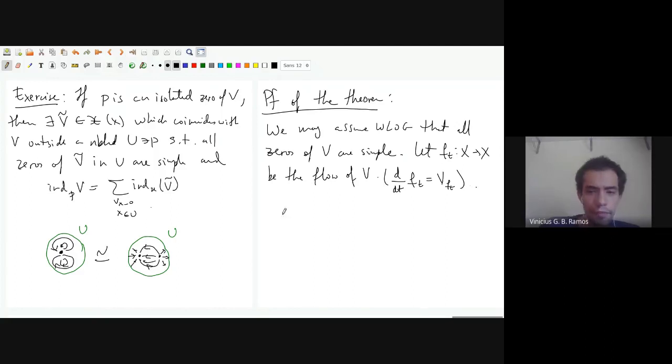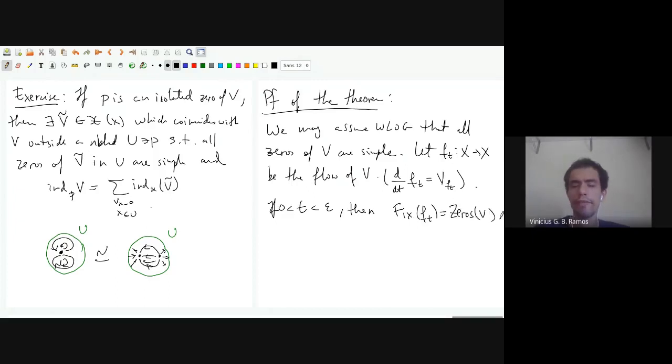Okay, so if t is a positive number and is sufficiently small, then the only fixed points of the flow have to be zeros of V. Then the set of fixed points of f_t is the same as the set of zeros of V. I mean, it's clear that if you're at a zero of V, then the flow doesn't move.